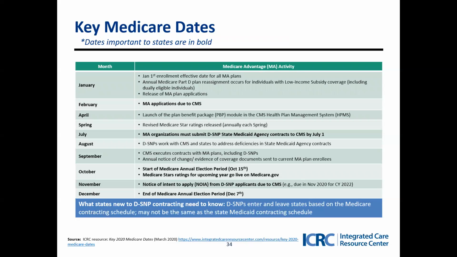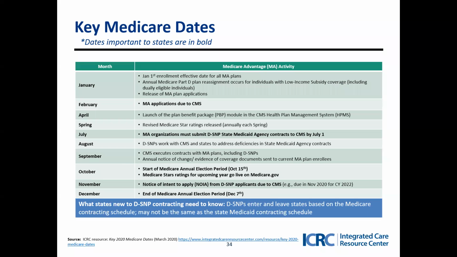Notice of intent to apply is due in November, and this is something that I'm going to go over a little bit more in the next slide. And then in December, the Medicare annual election period starts. So what's key to know here is that D-SNPs enter and leave states based on the Medicare contracting schedule, not the Medicaid contracting schedule, which may not be the same.